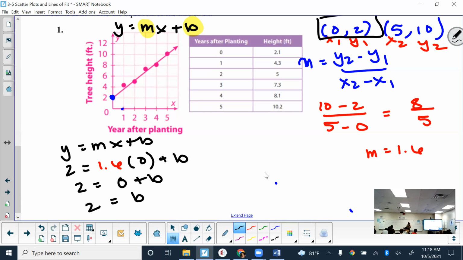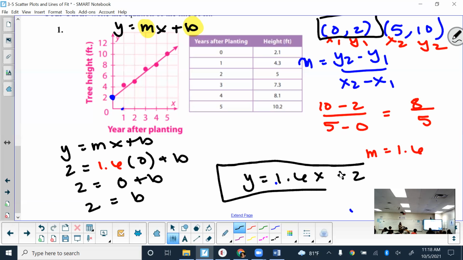If you did notice it, great. If you didn't, and not always are the points that you pick the y-intercept, that's how you solve for it. So then put it together in slope-intercept form. Your final answer is y equals 1.6x plus 2. Or at least something really close to that. Questions?